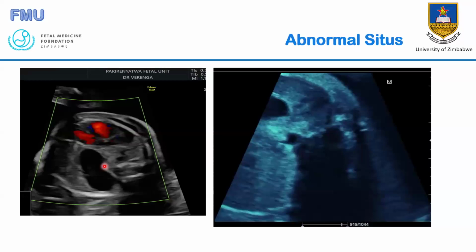What condition do we have? This one should be easy. What condition is it? Let's see.